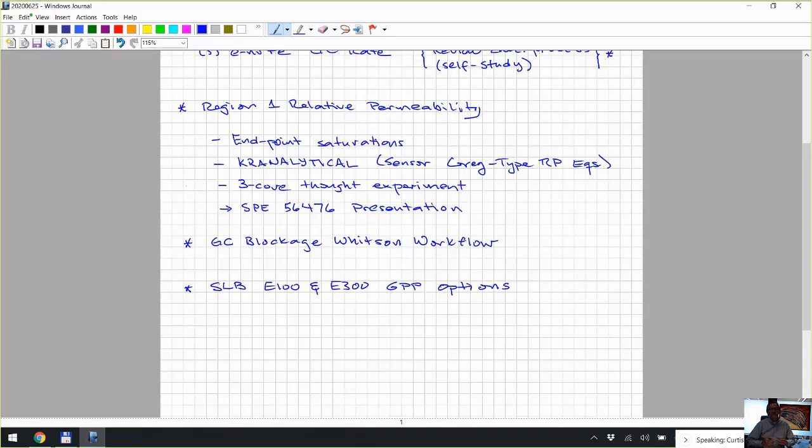The first is basically to give a complete A to Z workflow of how the company deals with condensate blockage for any new project. That workflow, I think, is general and can be used by anybody. It doesn't need to be us. It answers the question: is condensate blockage important for my field or not?